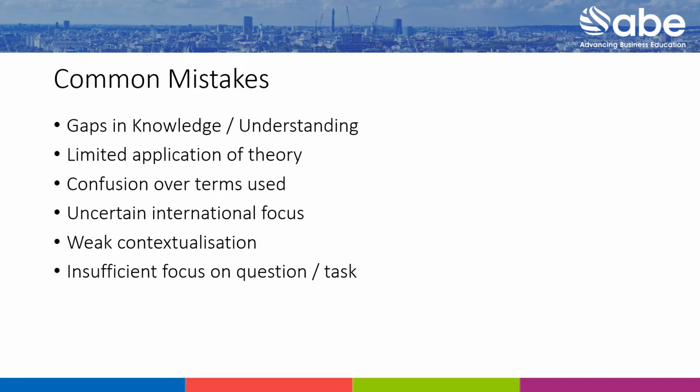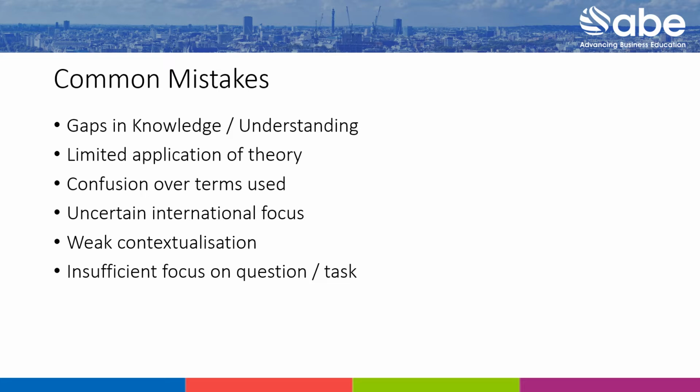The managing and performance part is understood, but the risk is not covered or not understood. Where there is a limited application of theory, many learners may know the theory, for example, Hofstede's cultural dimensions, but they're unable to apply it within what the question or task is asking for.